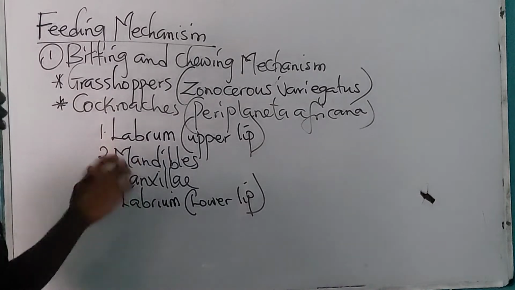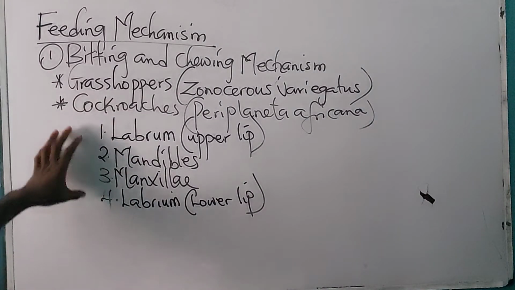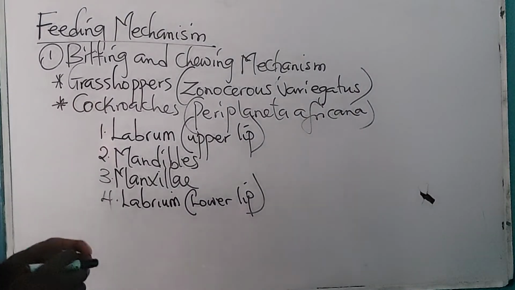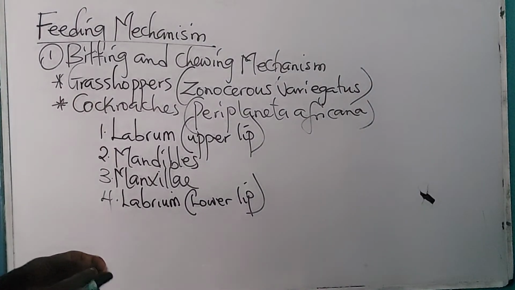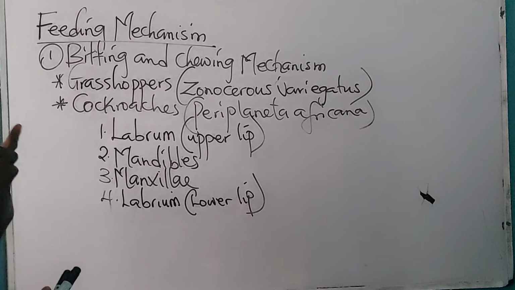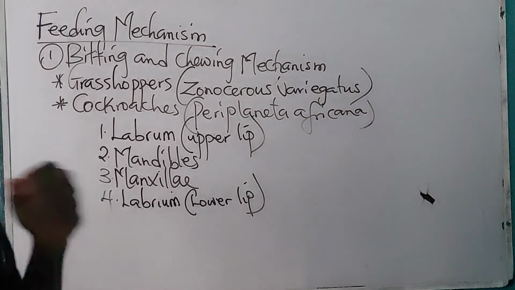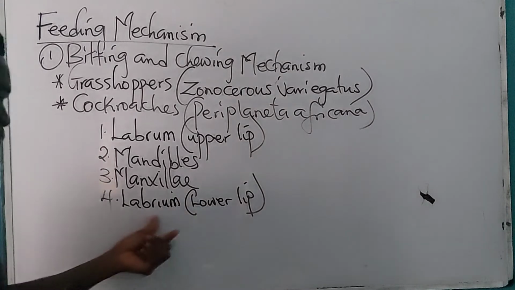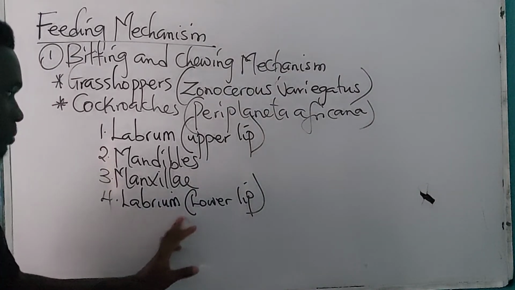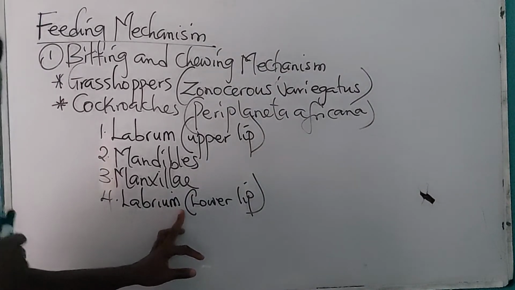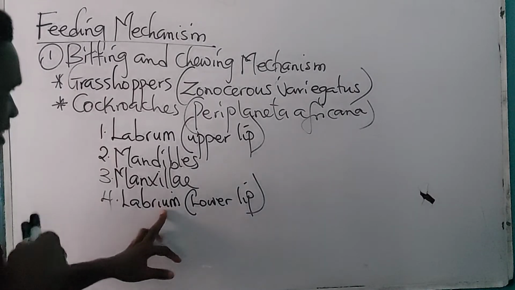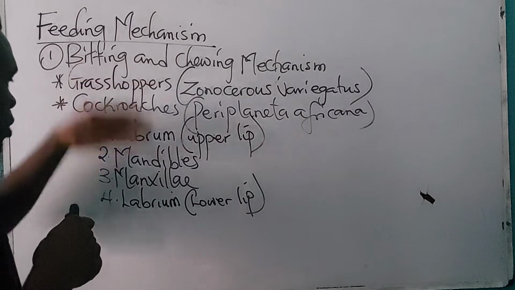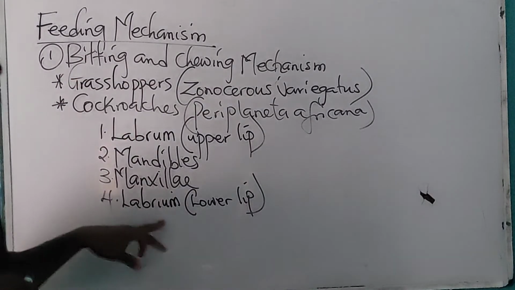Now if they ask which of these mouth parts of maybe grasshopper or cockroaches prevents the falling of food off the mouth of these organisms, it is the labrum. The labium helps to prevent food wastage.